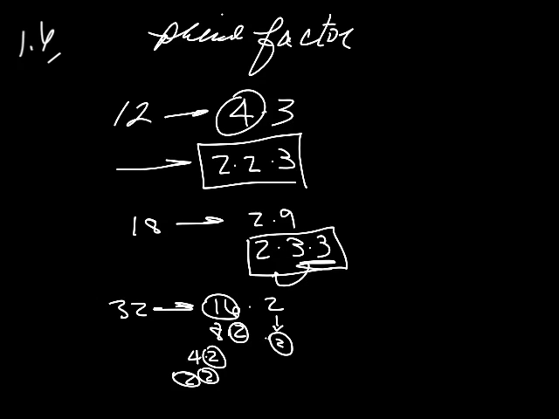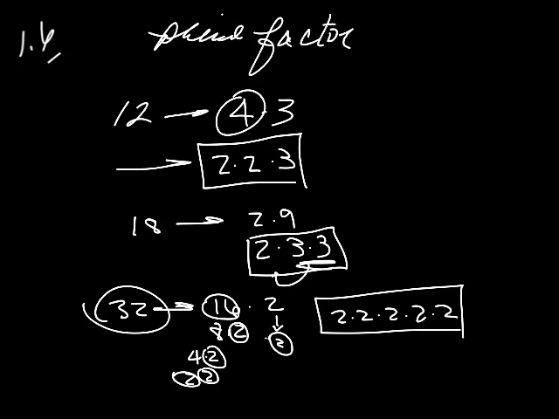So the prime factors of 32 are 2 times 2 is 4, times 2 is 8, times 2 is 16, times 2 is 32. That whole pile of 5 2's are the prime factors of 32. So when you write down factors, they're always going to multiply together to get your original number, and they're always going to be prime numbers.